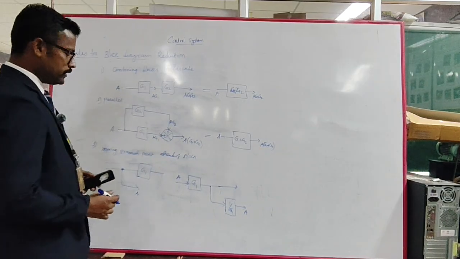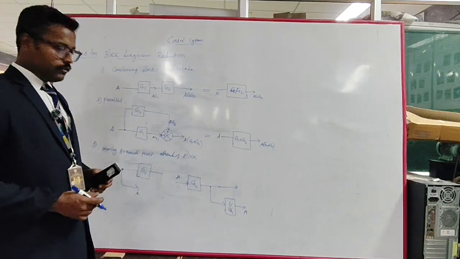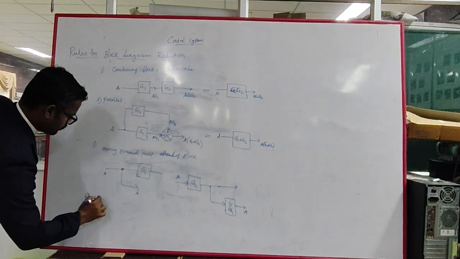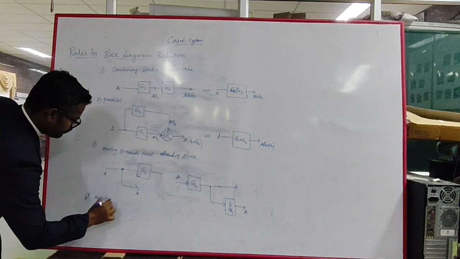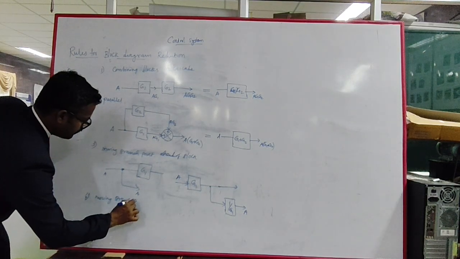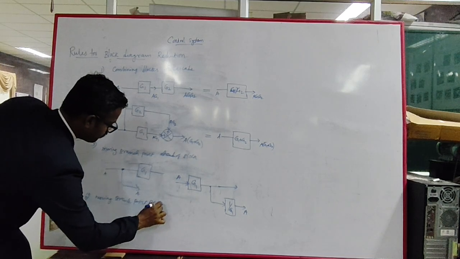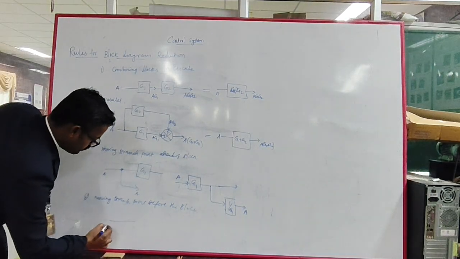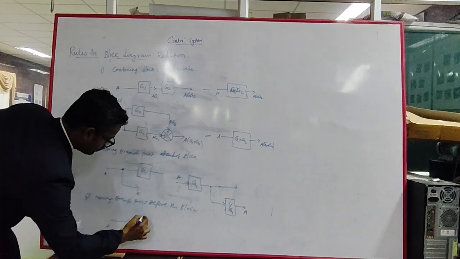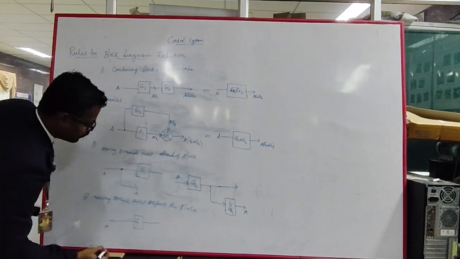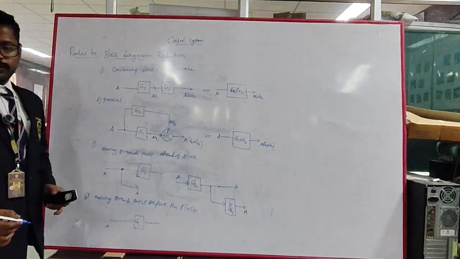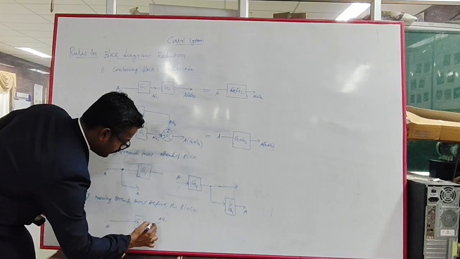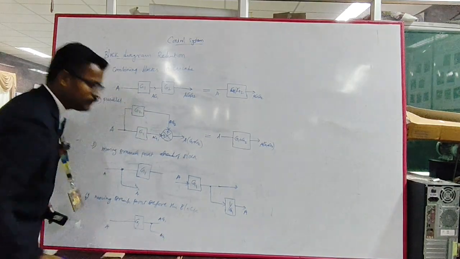So if you are moving the branch point before the block, for example, we have A and it is given to G1 and we get an output, and from this if you take it, that is AG1, and if you tap it here, this is also AG1, correct?